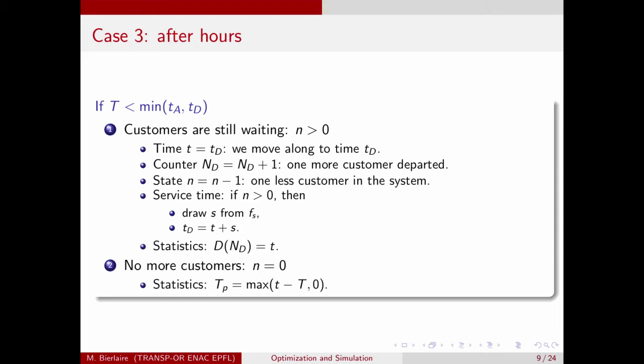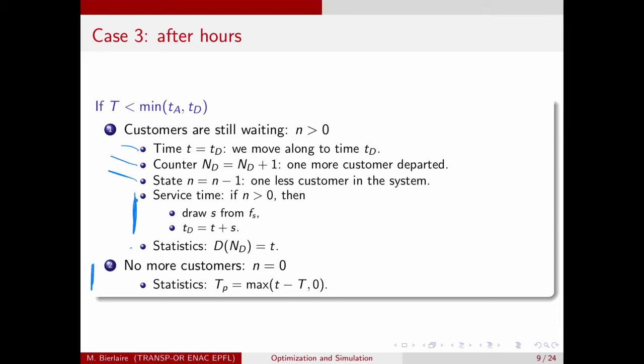We basically do what we showed in the previous event. So we move the time to TD, we increase ND, we decrease N, and we update the service time. We keep the statistics, and we do this as many times as needed in order to clear the queue.